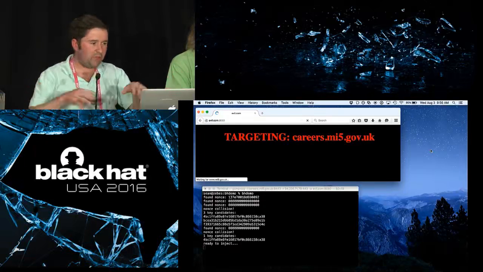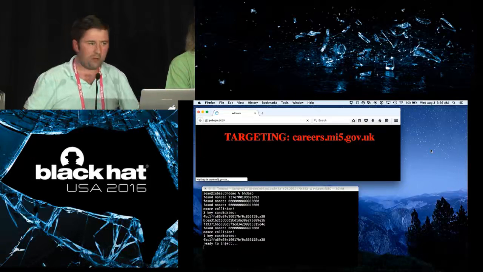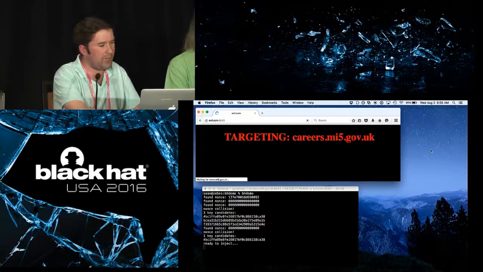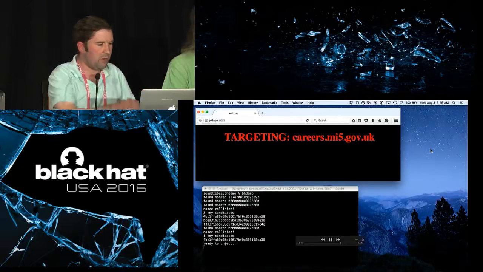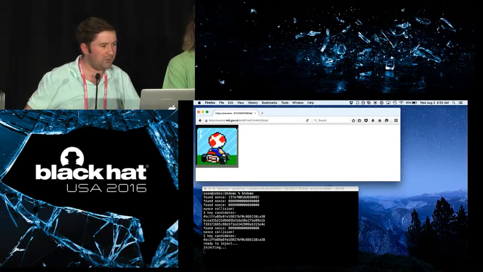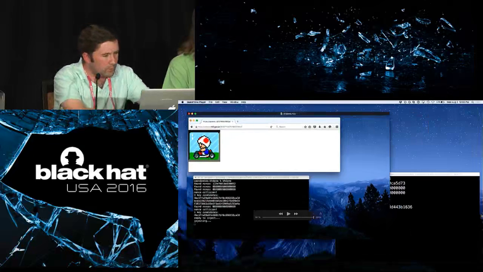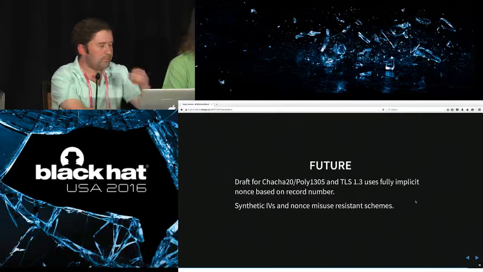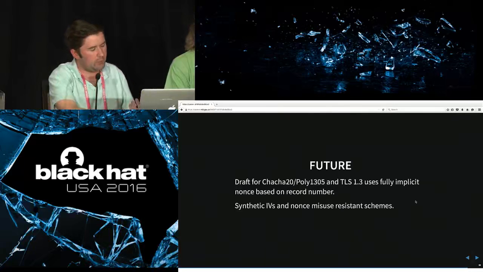But we can just take the intersection of the first set and the second set, and with very high probability, there's just going to be 1 remaining. So at this point, we have 1 candidate for the key left, and that's going to be the correct value. So we're going to go ahead and inject, and we put this little GIF in there. Yeah, so that's basically our attack on TLS.